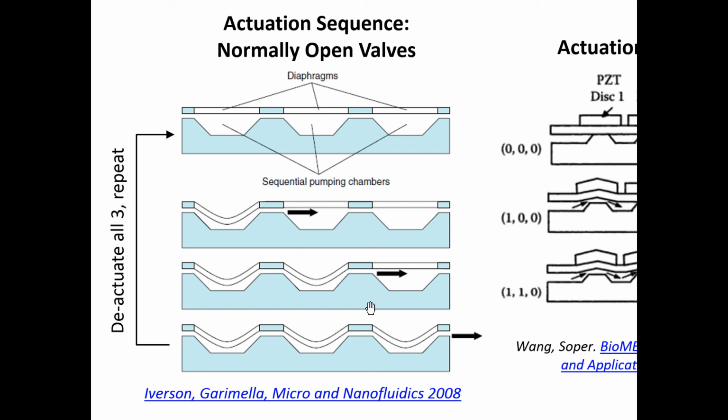All right, and then when the third diaphragm bends down, whatever stroke volume is in this chamber gets pushed out this way. So at this point, we've pumped a small packet of fluid from left to right. Then you can deactuate all three of the diaphragms together, okay, and you can repeat the sequence again. This is not the only way to control a peristaltic pump, but it's one way.